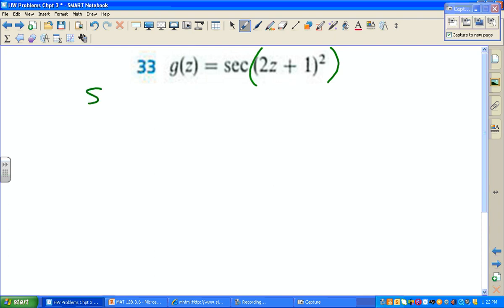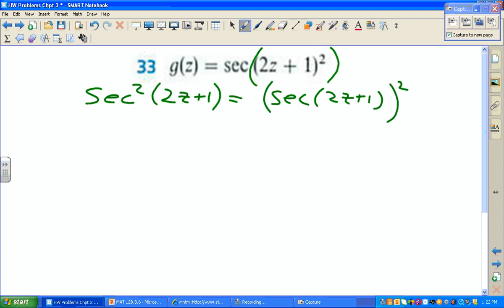Don't confuse that with secant squared of 2z plus 1. That means the squared goes with the secant also, and it is different. Wherever the squared is, this one is just for the angle, not for the secant. So it makes it a little bit easier to take the derivative of. So we're not going to do this one.